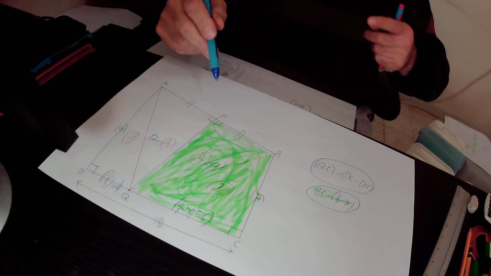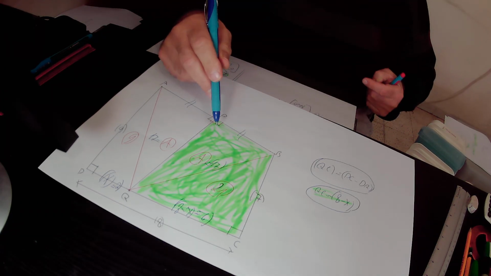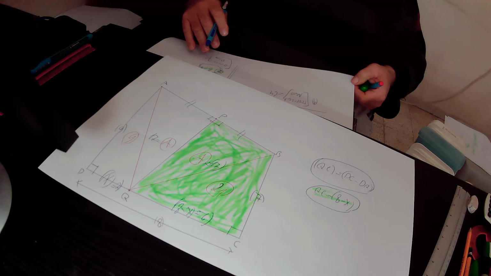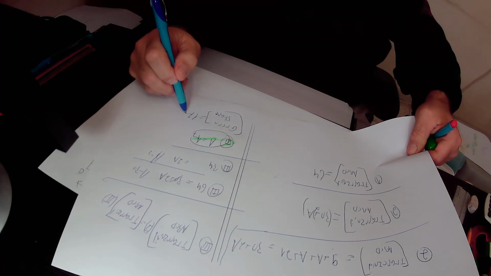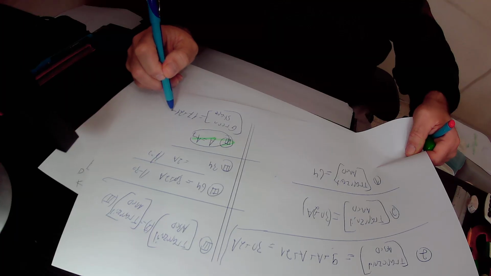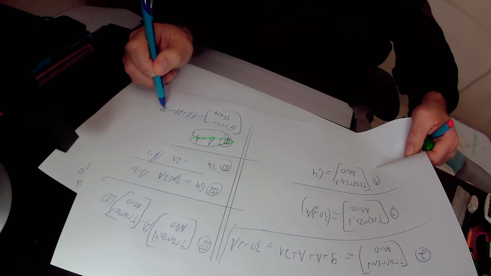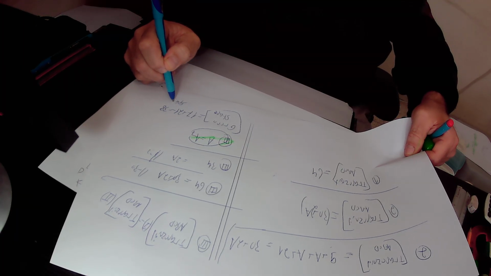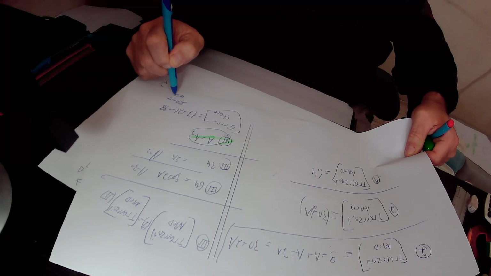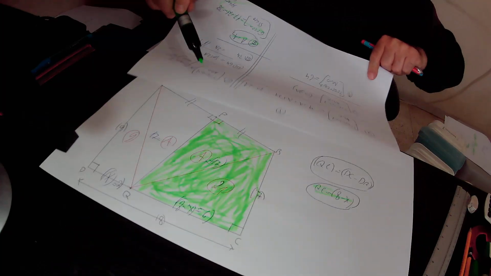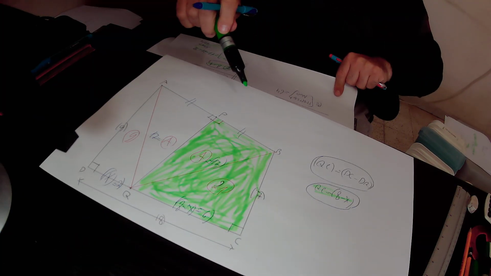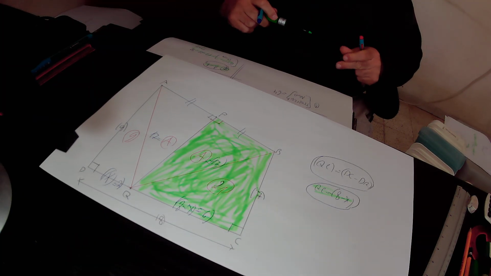So in total, the area of the green shape is equal to 17 plus 21. 17 plus 21 is 38 square units in size. So the area that we are looking for, the area of this green shape, is equal to 38 square units in size. So we finish answering the second question.